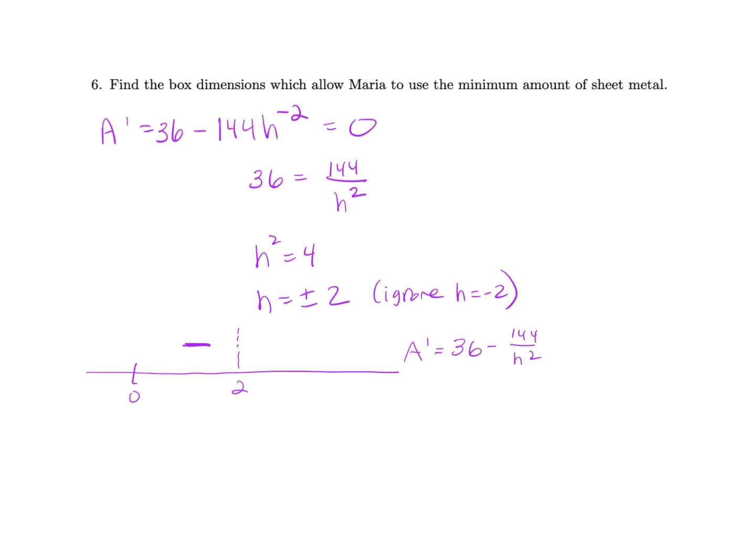If you plug something bigger than 2 in, like 10 or something, 10 squared is 100, 144 over 100 is 1.44, 36 minus that is still a positive number. Okay, so that means that surface area goes from decreasing to increasing, giving me a min at 2.